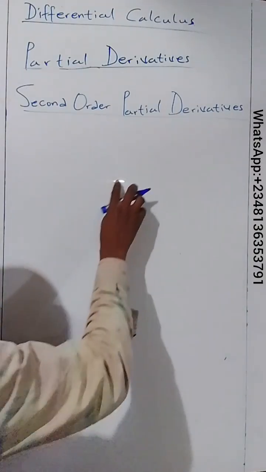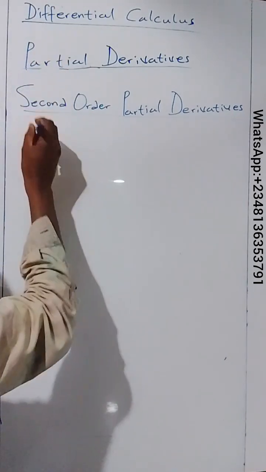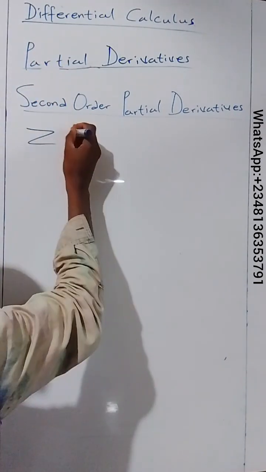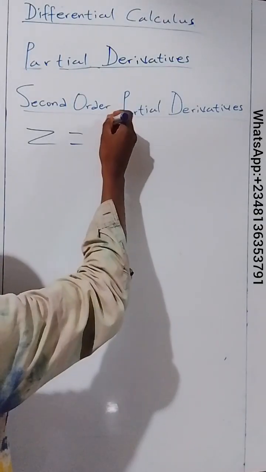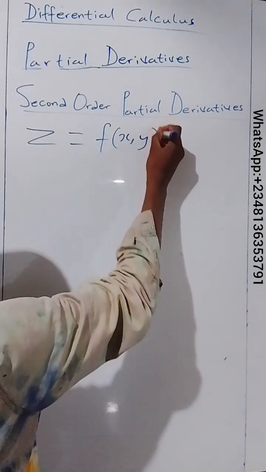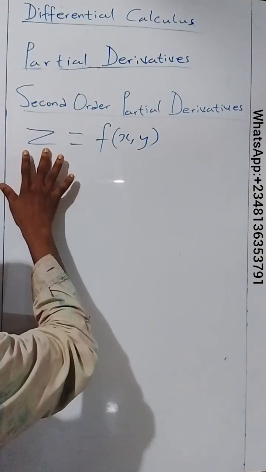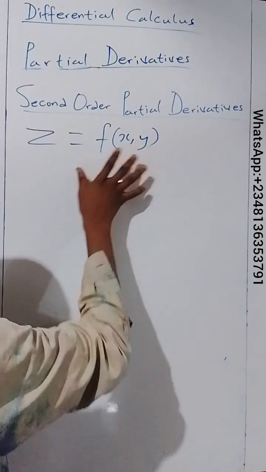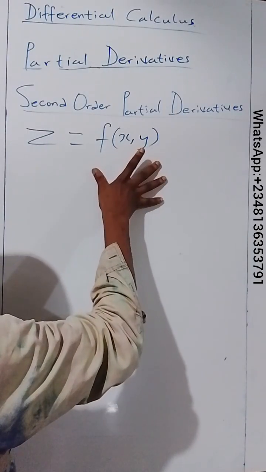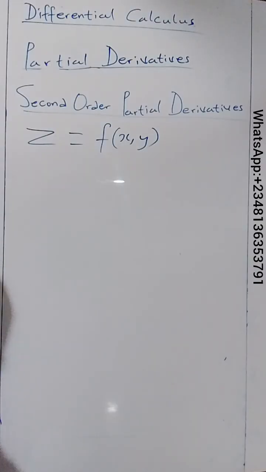So you will recall that if we assume a function z equal to f of x and y, in this function we have the dependent variable z and the independent variables x and y. Now, you also recall the first order partial derivative.